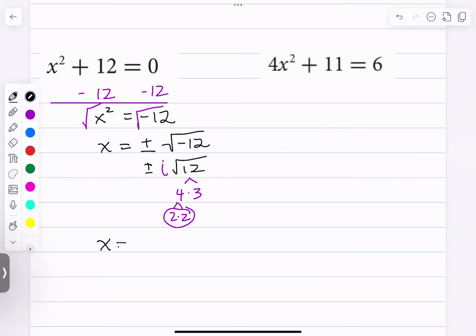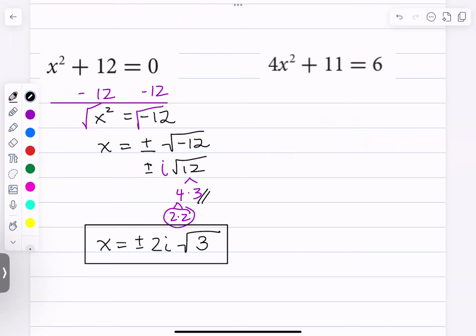So x is going to equal plus or minus 2i square root of 3, since the 3 is left over inside. Okay. All we're doing is we're just square rooting negative numbers now. All right.